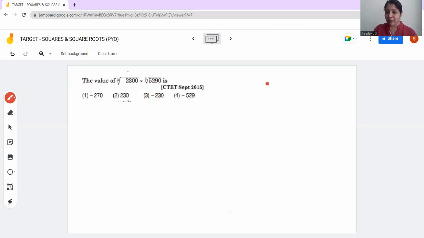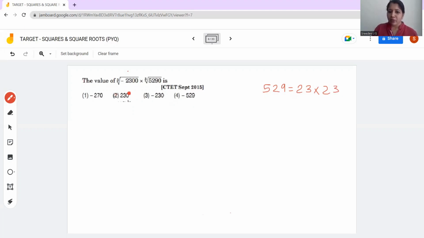If you have learned that, you could understand that 529 is the square of 23, that is 23 into 23. I have already informed you that up to 30 you should learn these squares by heart as well. So you will understand 529 is equal to 23 square.